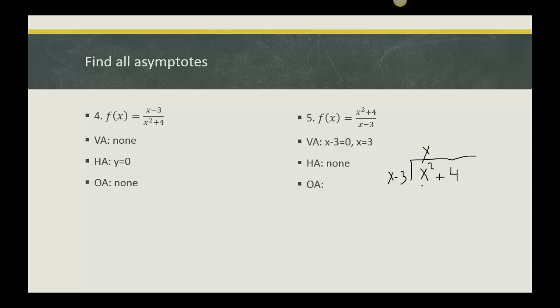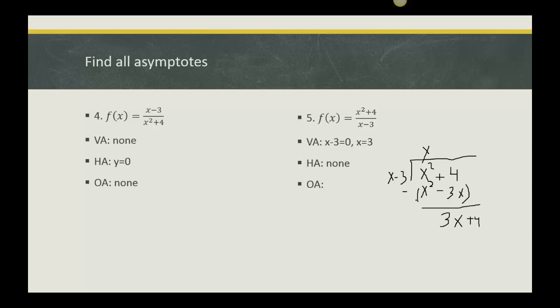I multiply, I get x squared minus 3x. Okay. So I like to put my parentheses around it before I do my subtraction. These x squareds are canceling. Then the 4 I can keep. Minus negative 3x is bring down a positive 3x. And then say plus 4.